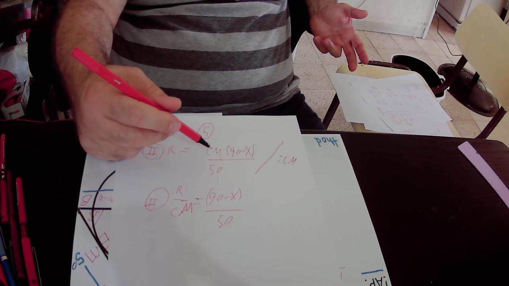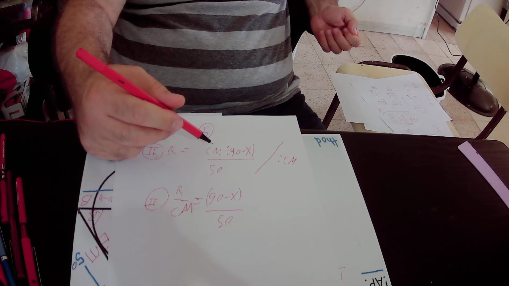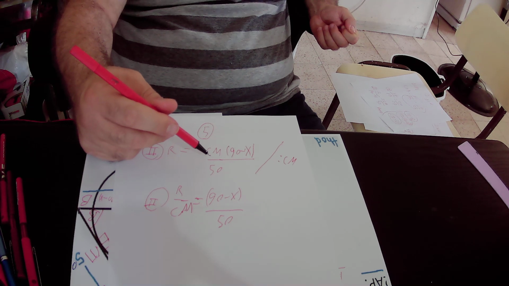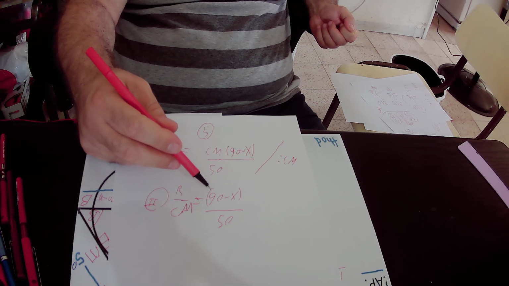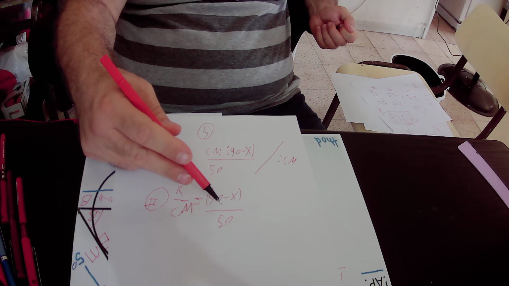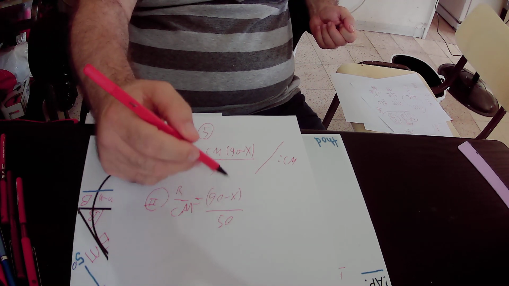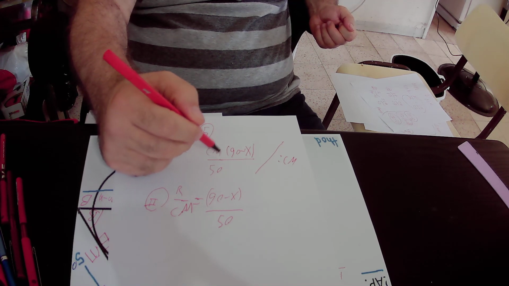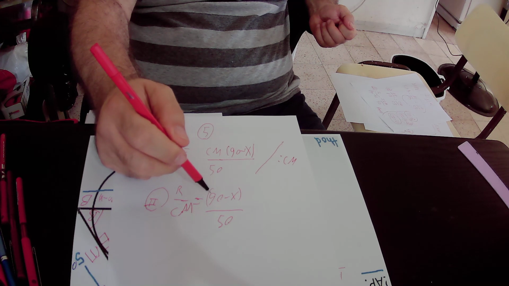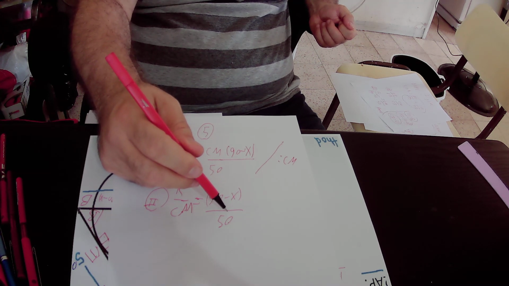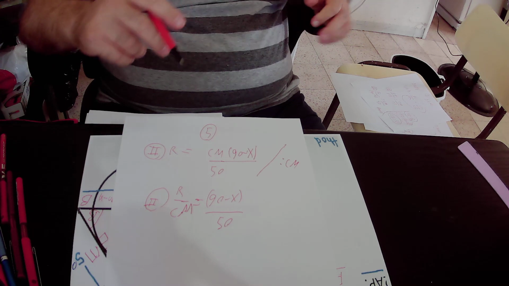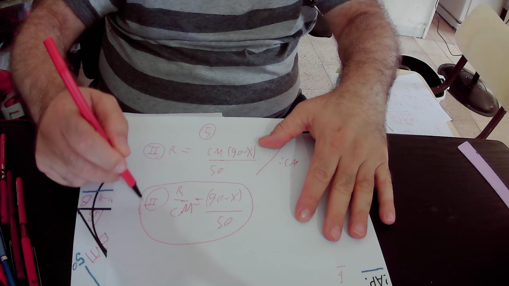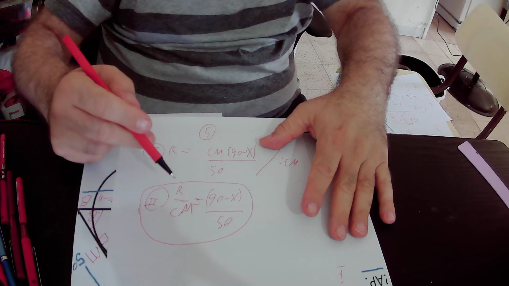We have CM both in the numerator and in the denominator, so CM is cancelled. So we are left only with 90 minus x over 50 because CM over CM equals 1. So this is our second equation, that R over CM equals 90 minus x over 50.